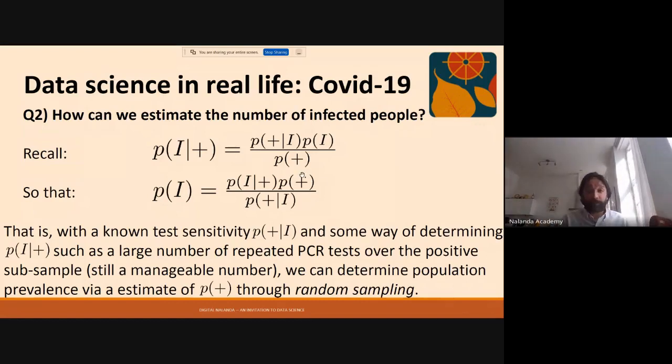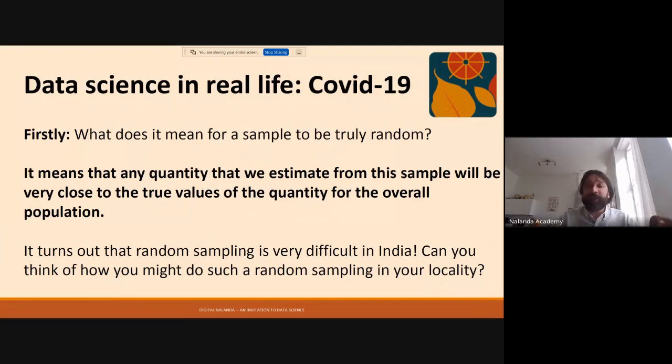But first, we have to understand what it means for a sample to be truly random. What that means is that any quantity you estimate from this sample, which is not the whole population but some subset of it, will be very close to the true values you would estimate from the full population. Just like an election poll.